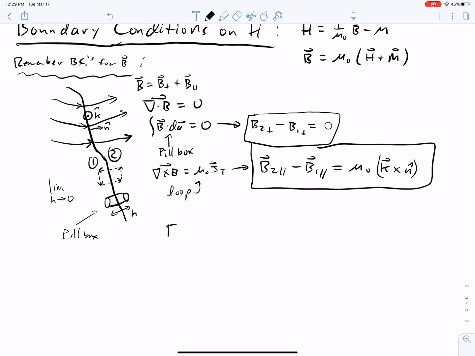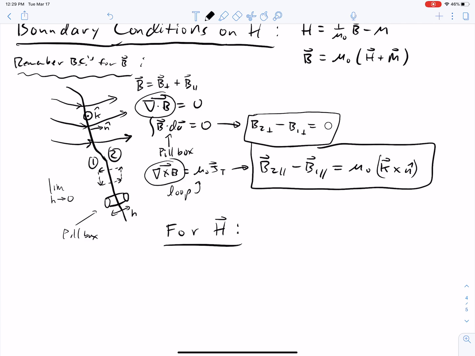And so for H, what we see is that we're going to get the boundary conditions. You always get the boundary conditions from the divergence and the curl of a vector field. And so now I have to look at the divergence and curl.